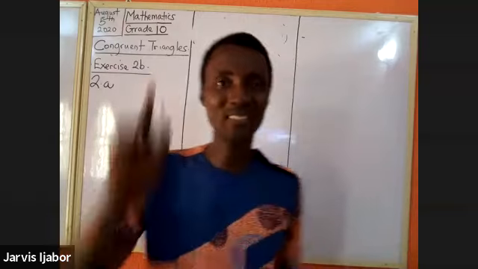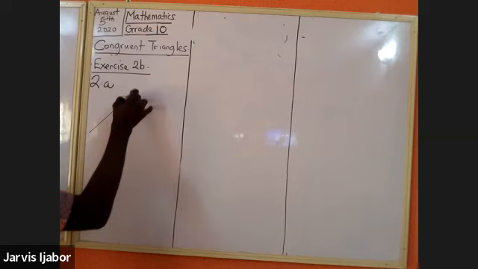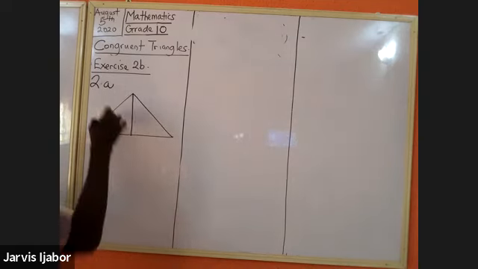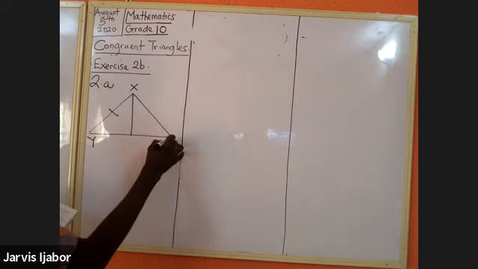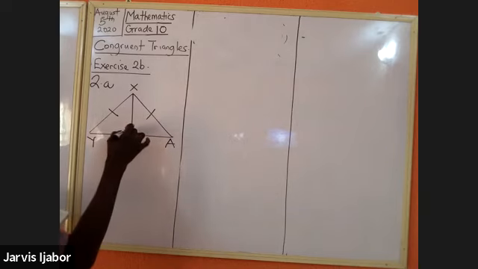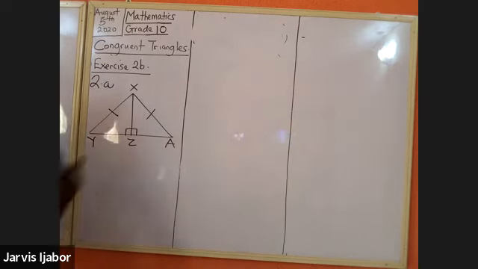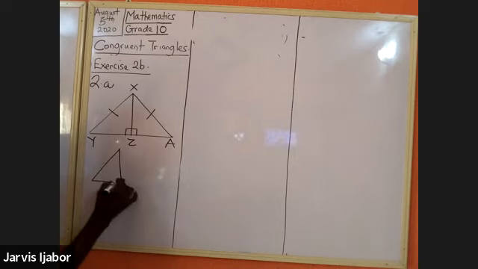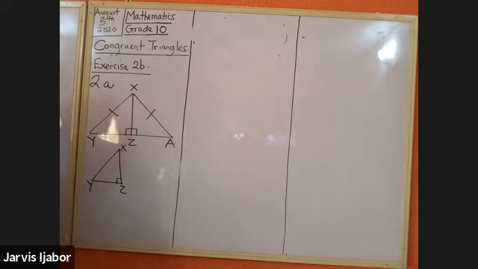So let's start by drawing. There are different approaches teachers take to this, but I'll show you my own approach. X, Y, A, Z. The first thing I would advise you to do is to look at X, Y, Z. That's the first triangle you need to get out.